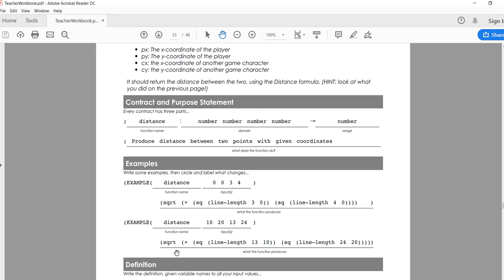This is the square root of the addition of line length 13 and 10, so the distance between 13 and 10 squared, plus the line length between 24 and 20 squared, all added together, and then take the square root of that. Again, we're really just applying the distance formula.